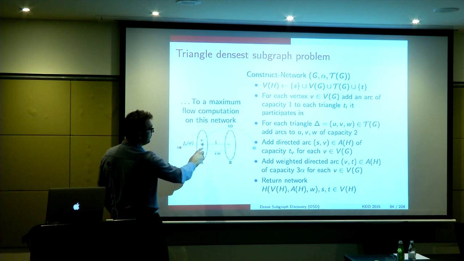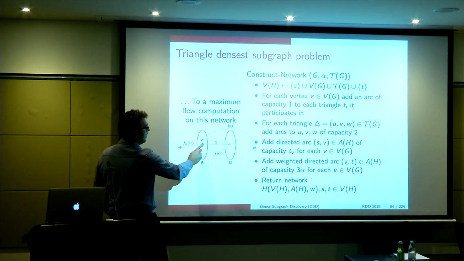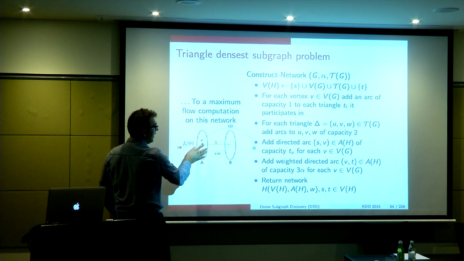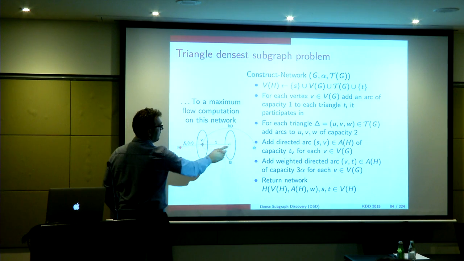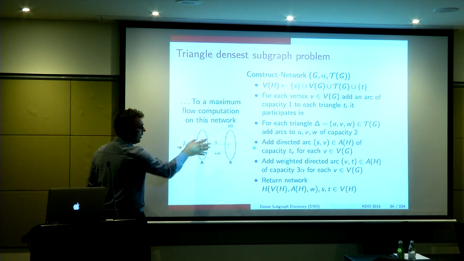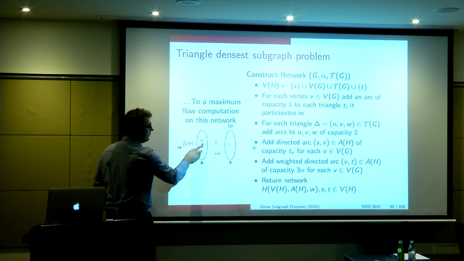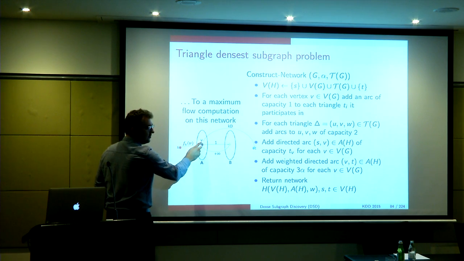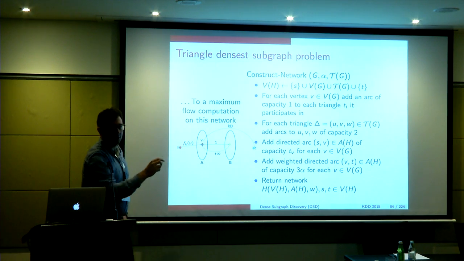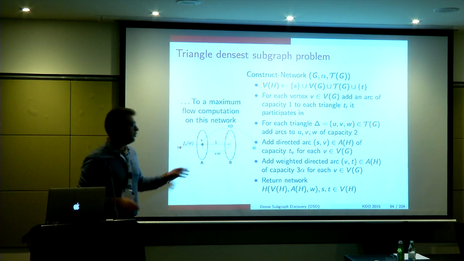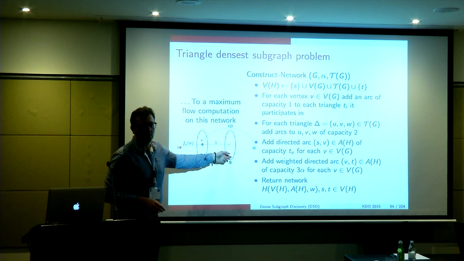This was a different figure, but it's the same thing. From V to every triangle, or k-clique, I'm going to have an arc of capacity 1. In particular, there are going to be c_k(v) outgoing arcs, directed towards the k-cliques that V participates in. So V as a vertex has a given number of triangles or k-cliques, and I'm going to add arcs from V to this set of k-cliques.